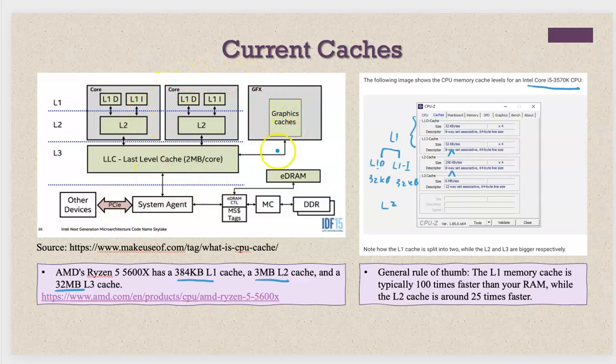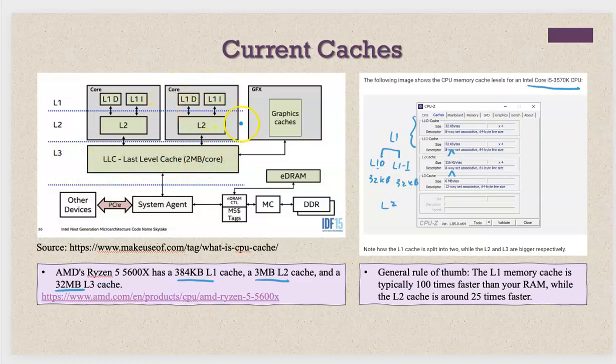I don't remember what structure this belongs to, but let's go over it. Here we can see that the L1 cache is divided into the L1D and L1I, which is what we saw over here. Then we can see that the L1 is connected to the L2, and the L2 is connected to the LLC, or the L3 last level cache, which is 2 megabytes per core.